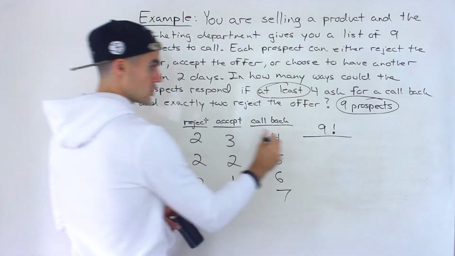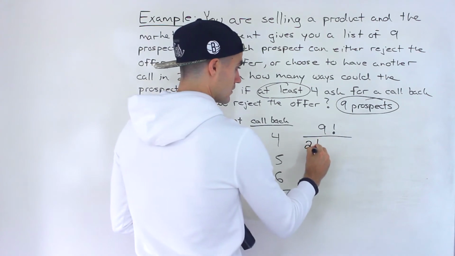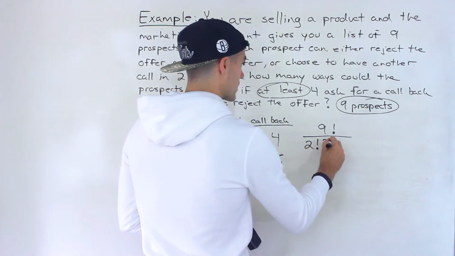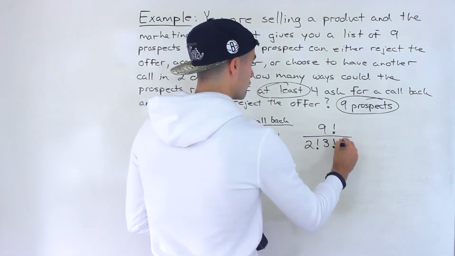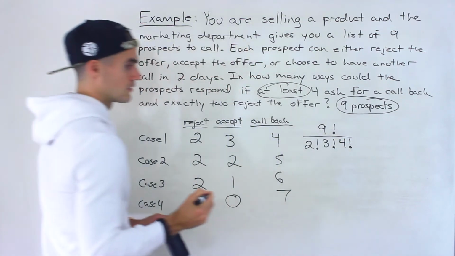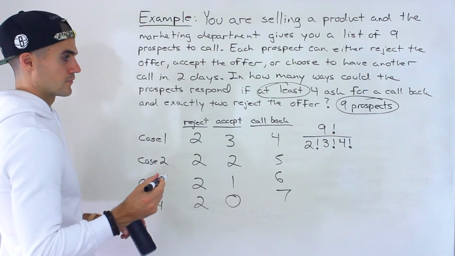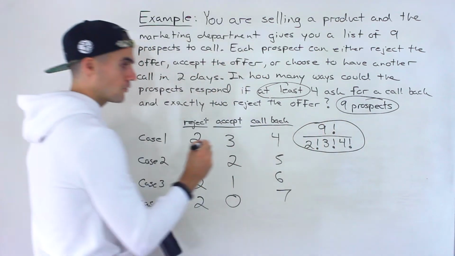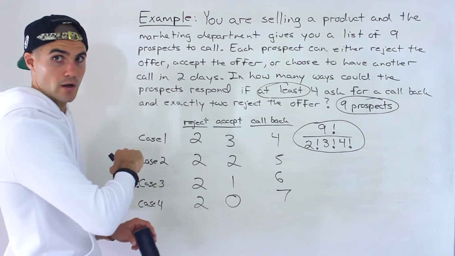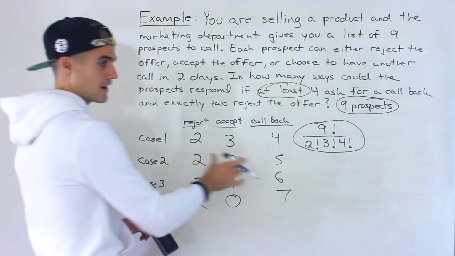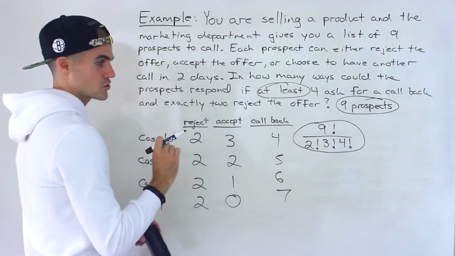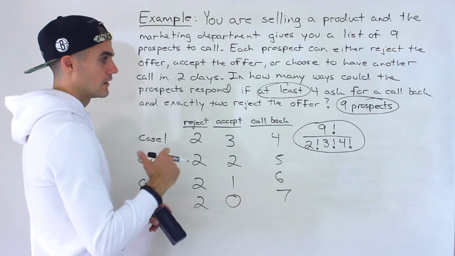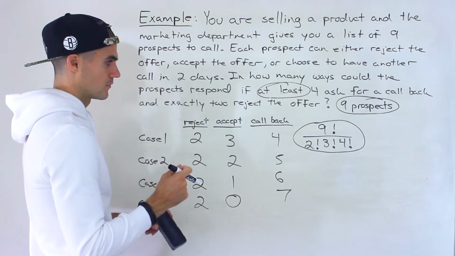Well, if 2 reject the offer, 3 accept the offer, and then 4 ask for a callback. Right? So this here would be the total number of ways that case 1 can happen. So we set it up as a multinomial coefficient, as a labeling problem, like we've done before.